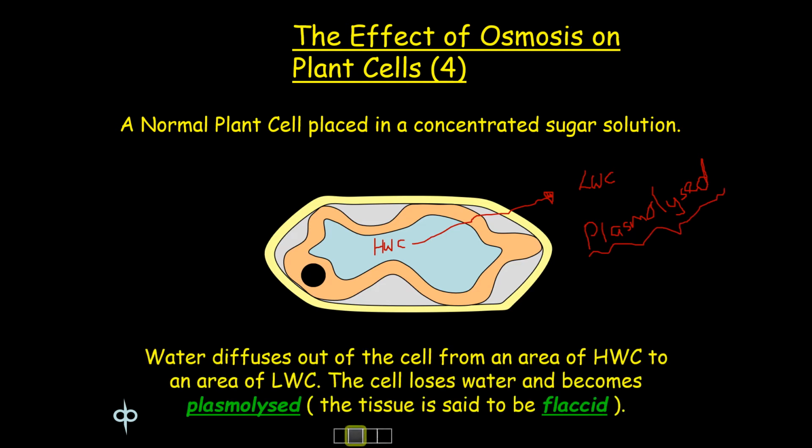The water diffuses out of the cell from an area of high water concentration to an area of low water concentration, and the cell loses water and becomes plasmolysed, and the tissue is said to be flaccid. So the important word here to remember is plasmolysed. That's when your cell membrane is peeled away from your cell wall, which you can see there.